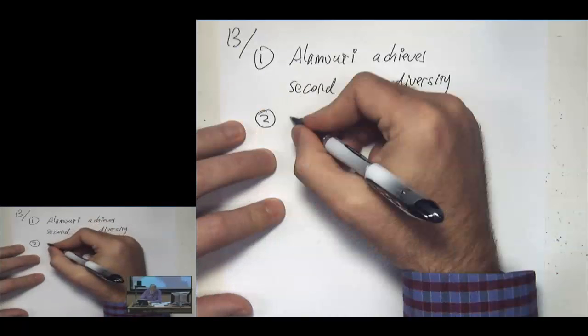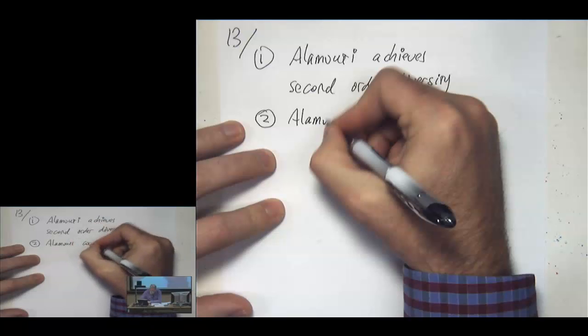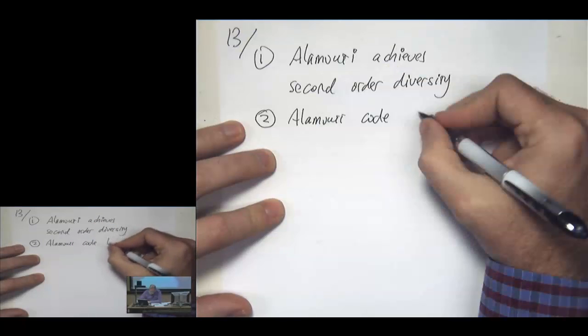The Alamouti code loses 3 dBs relative to maximum ratio combining.